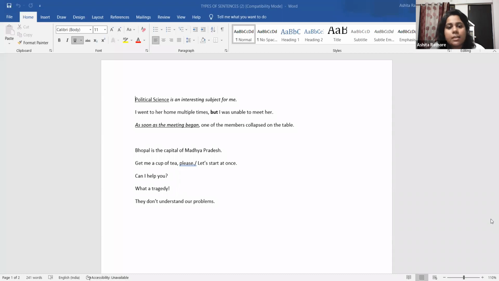So the very first type of statements are assertive or declarative statements. These are usually statements that are stating facts, speaking truth, or using historical narration. Whenever you are stating some fact, you are creating a declarative or assertive statement.